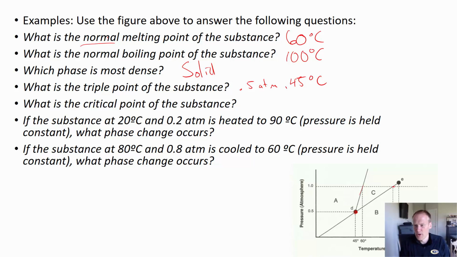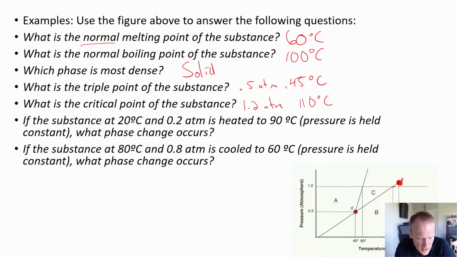But for the triple point, you can't just say 45 degrees because that 45 degrees is anywhere on this line. You got to explain both axes. The critical point is here. It's the point where we can't compress into liquid anymore. It looks like 110 degrees Celsius, and I would say we're probably at 1.2 atmospheres, maybe 1.1.